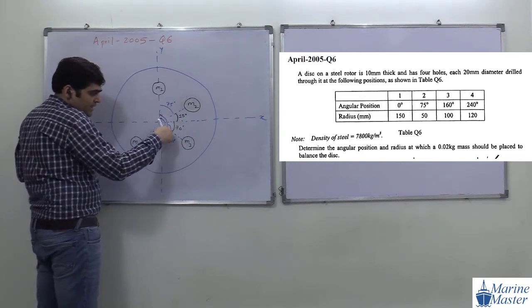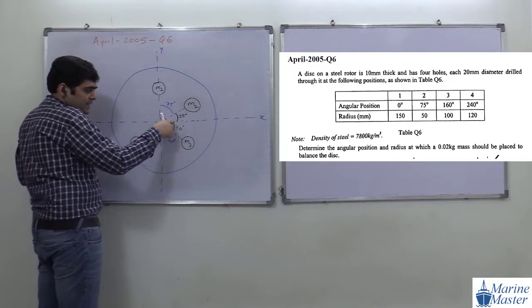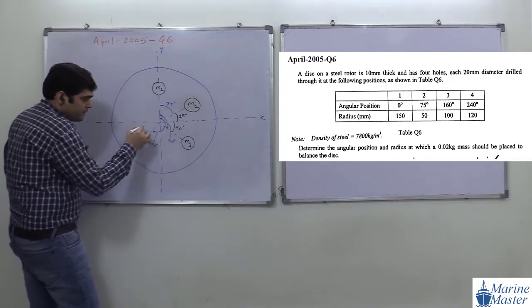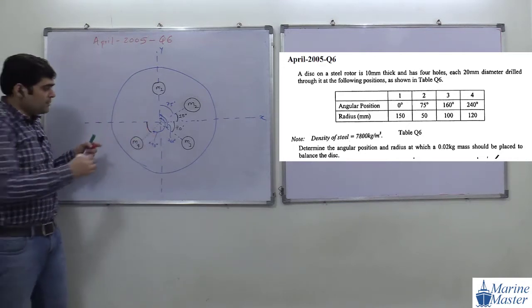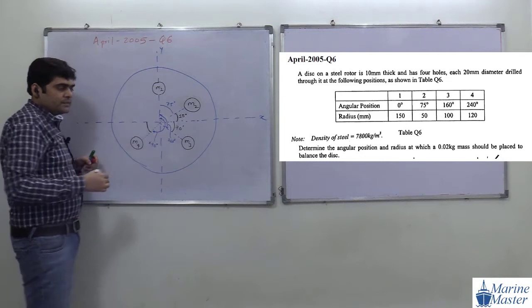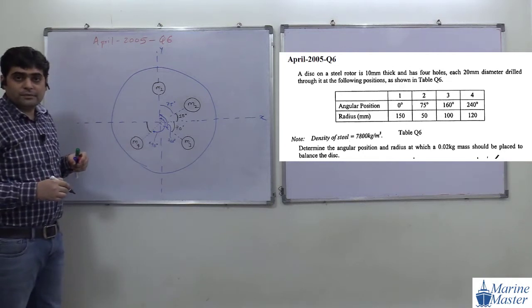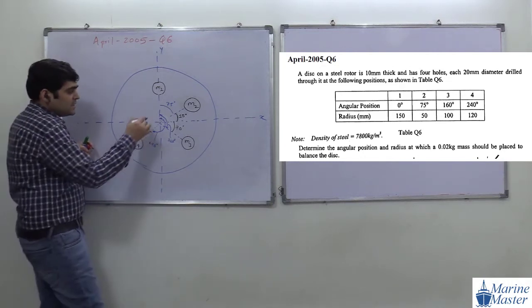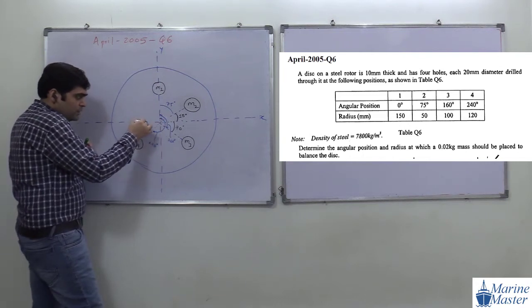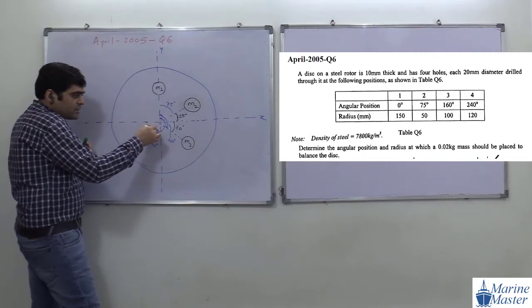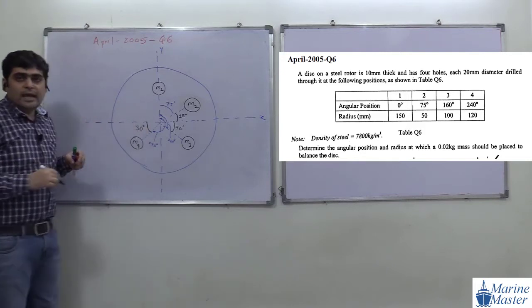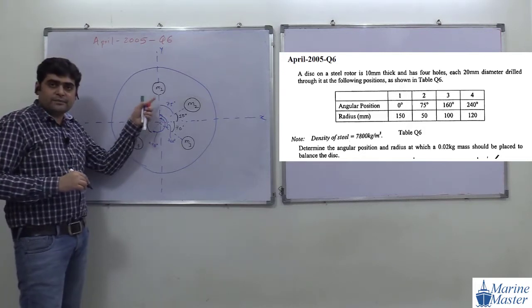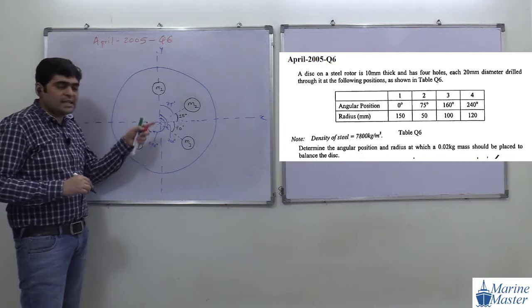From this point to this angle is 160. If you subtract 90, then this angle will become 70. What about this angle? See, from this point up to here is 270, and if you subtract, that is 30 degrees. Any doubt in this discussion, guys? Okay, all angles are okay.